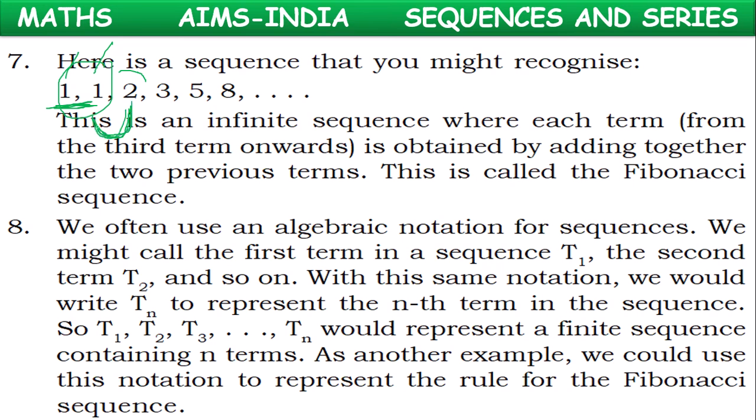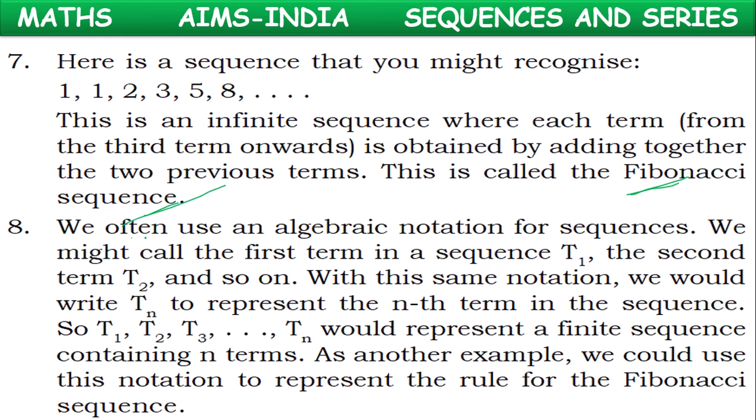The third term is obtained by adding the previous two terms. The fourth term is obtained by adding the previous two terms. Like that, we can establish the relation from the third term. So it is a special kind of sequence called the Fibonacci sequence. We will study this in later parts. Here we have just introduced the Fibonacci sequence.